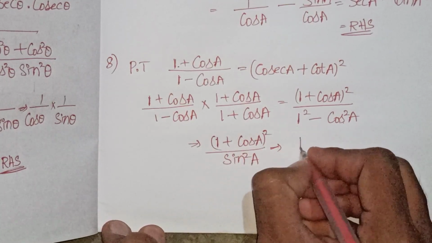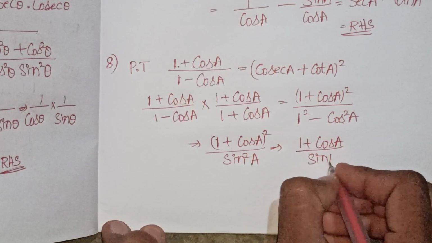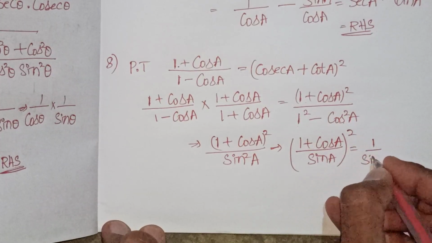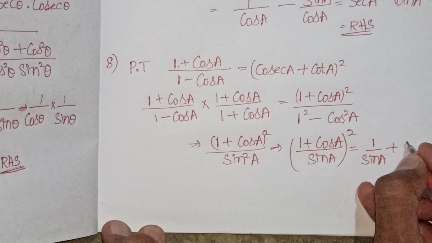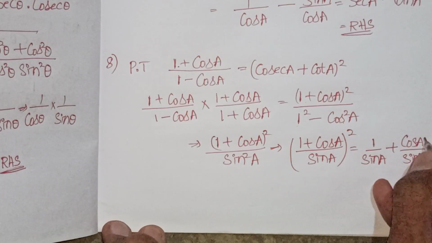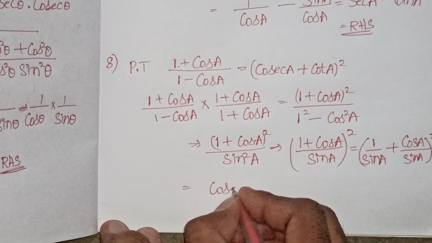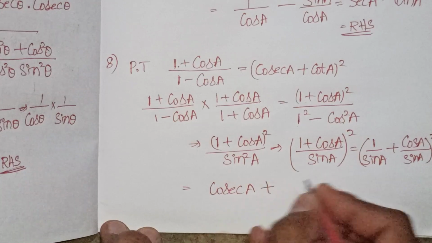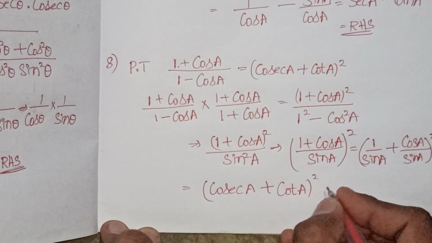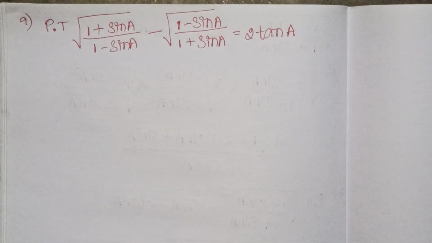Now, we are taking the square as whole, that is 1 plus cos a by sin a whole square, and splitting the denominator, that is 1 by sin a plus cos a by sin a whole square. 1 by sin a can be written as cosecant A plus cos A by sin A can be written as cot A whole square, which is our RHS. Now let's move on to the next question.